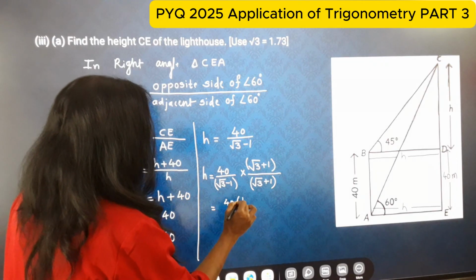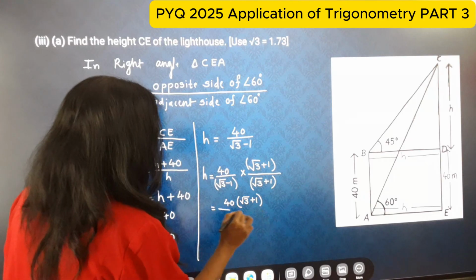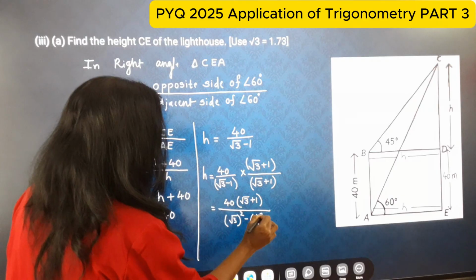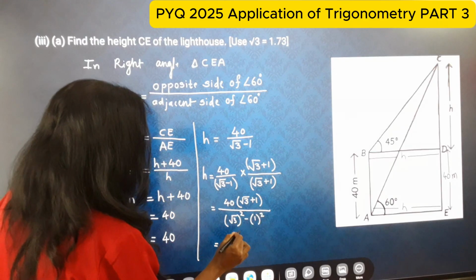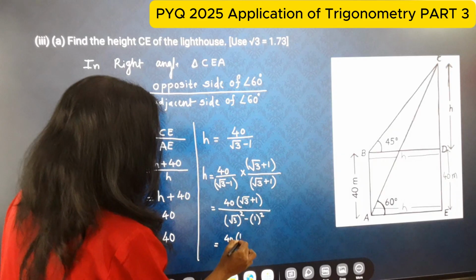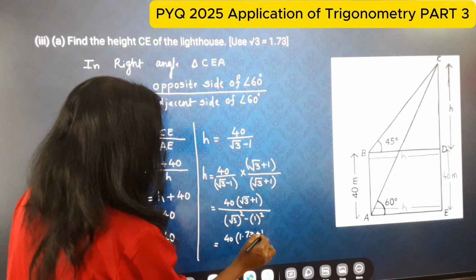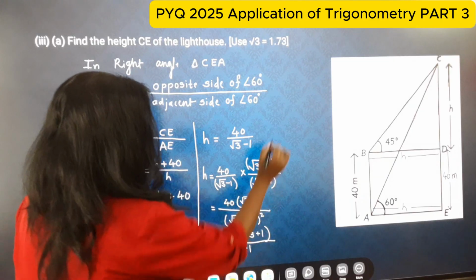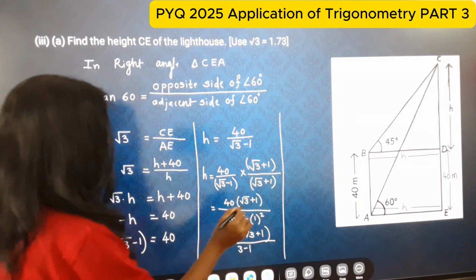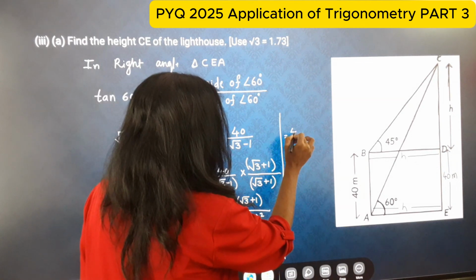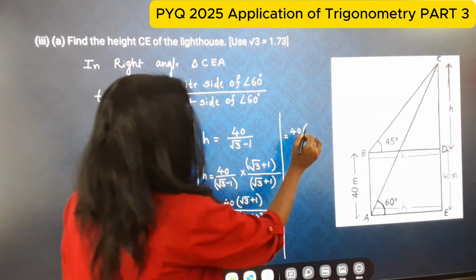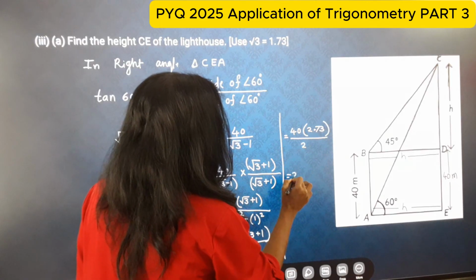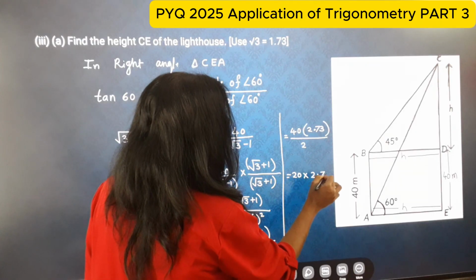So here 40 times root 3 plus 1, and then root 3 whole square minus 1 whole square. Now I substitute the value of root 3, that is 1.73, and root 3 square means 3, and minus 1. So that is equal to 40 multiplied by 2.73 divided by 2. So that means 20 multiplied by 2.73.